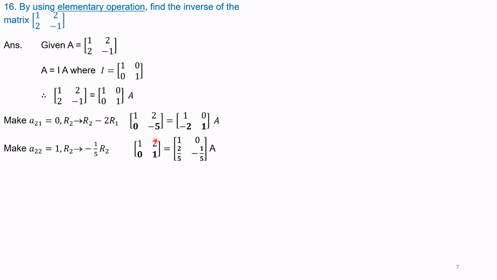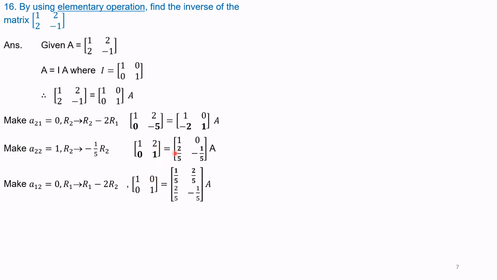Now, next thing is we have to make this in row 1 as 0. This we can do by subtracting, R1 minus 2R2. So, if we subtract 2R2, it becomes 0. Let us do it. Therefore, A12 is 0, R1 becomes R1 minus 2R2. Therefore, it is 2 minus 2R2, 2 minus 2, that becomes 0.